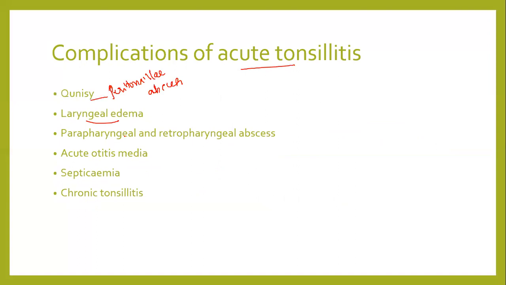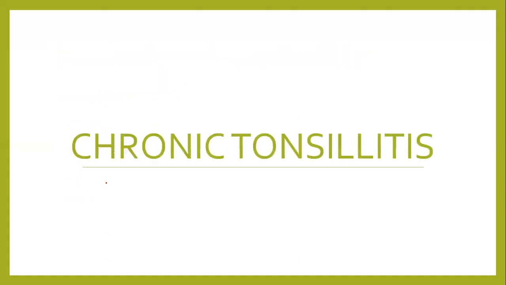So it is called parapharyngeal or retropharyngeal abscess. Acute otitis media, then septicemia, which is a kind of severe infection, then chronic tonsillitis. So these are the complications of acute tonsillitis: quinsy or peritonsillar abscess, laryngeal edema, parapharyngeal and retropharyngeal abscess, acute otitis media, septicemia and chronic tonsillitis.